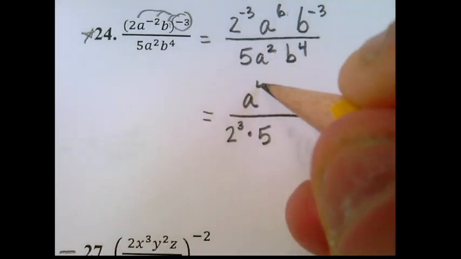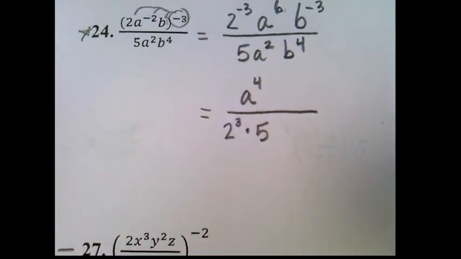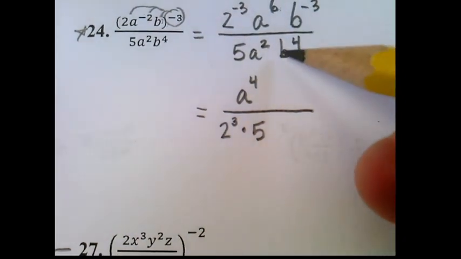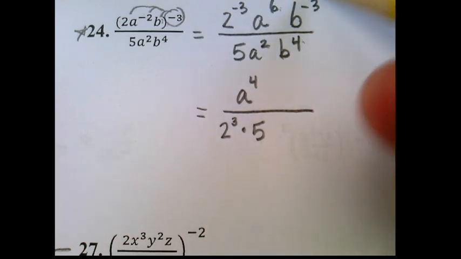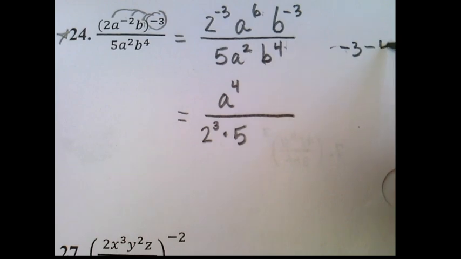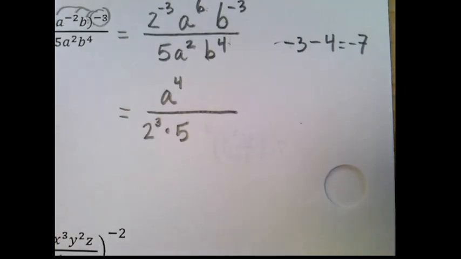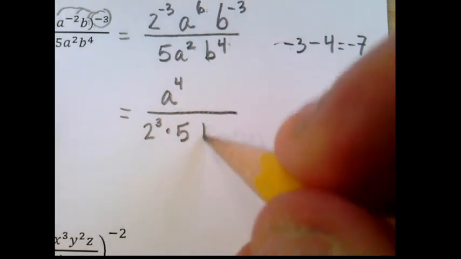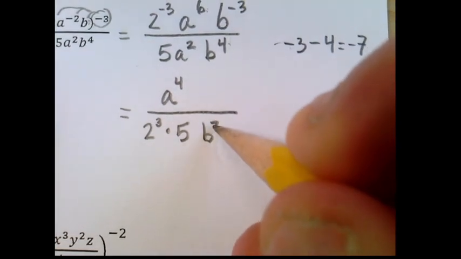So I'm going to put a to the 4th. And b to the -3rd divided by b to the 4th. If I take -3 and subtract 4 more, -3 minus 4 gives you -7. So from there, I'm going to put b to the 7th down there.